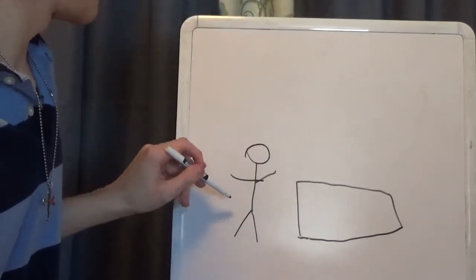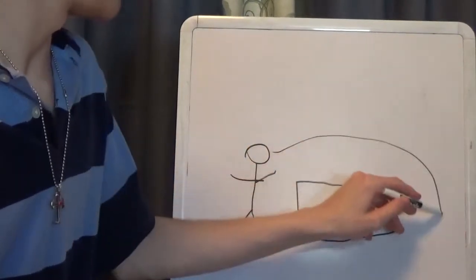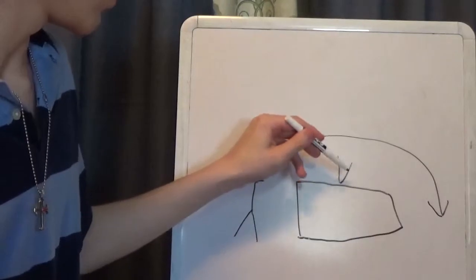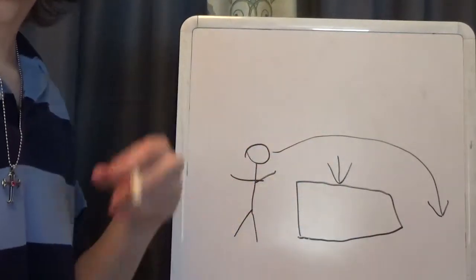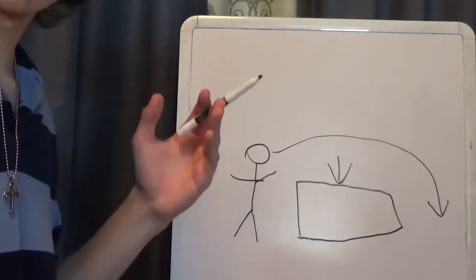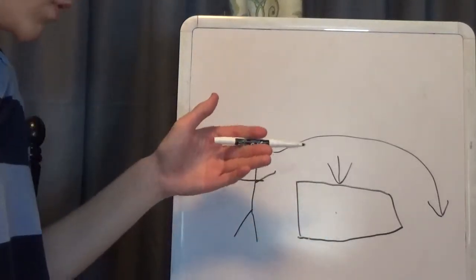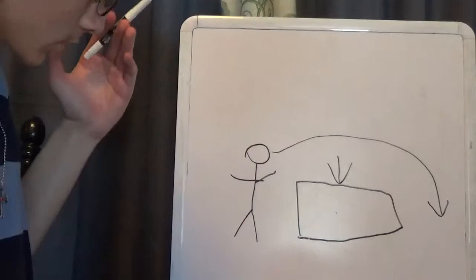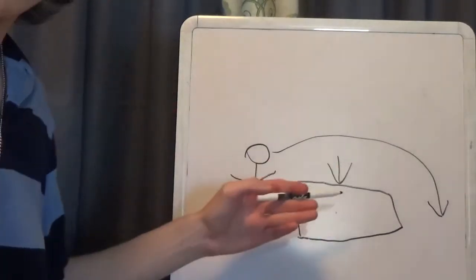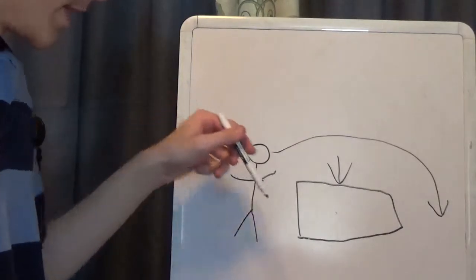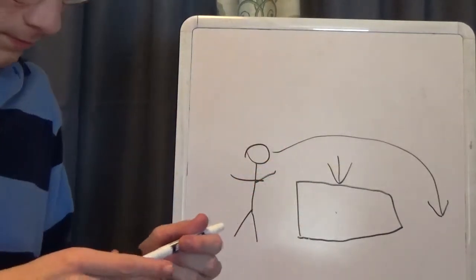And then let's say he'll move to here in a few seconds. Then he'll move back to the table. You know that it's the person who is moving because the reference point is the table. Since you're observing him when he's near the table, when he's moving, the table doesn't move at all. So you know he's the one that's moving because the table is the reference point.